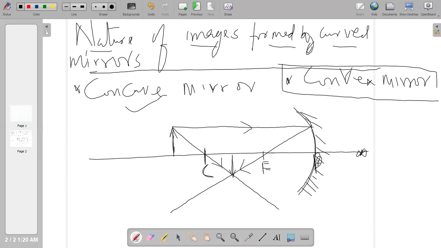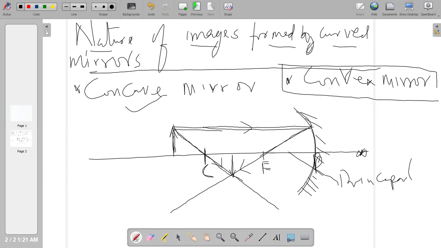When the object is placed beyond C, we have rays parallel and close to the principal axis, and we know rays parallel and close to the principal axis will converge at the principal focus after reflection, while rays through the center of curvature will go undeviated.